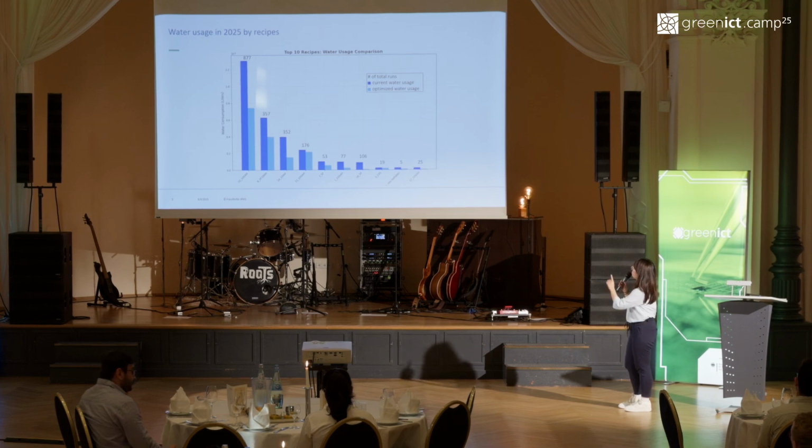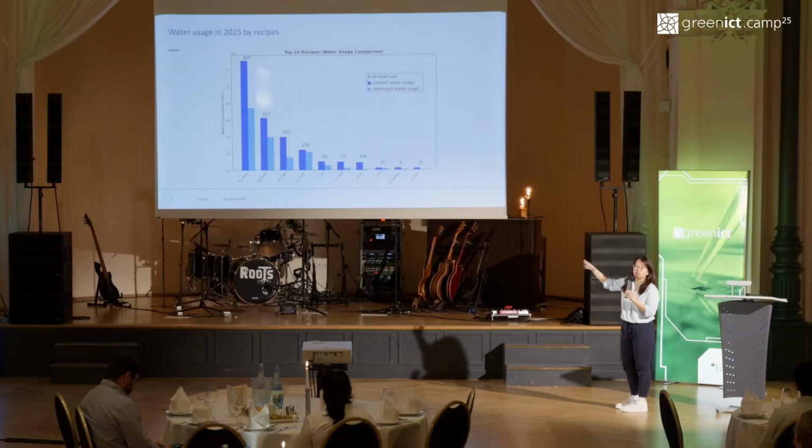And so in the dark blue, you can see the amount of water actually processed in the last 8 months, whereas in light blue, you can see the optimized potential, so to speak. So like by merging those wafers within 8 hours of time, how much water would have been used instead. So you can see that basically all of those recipes could have easily saved some water.